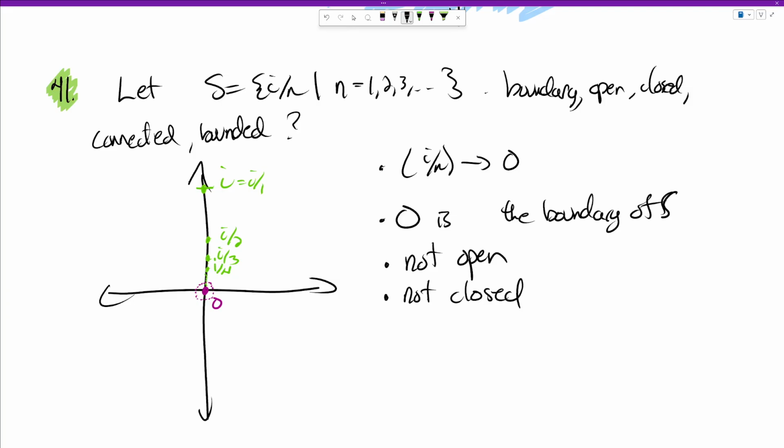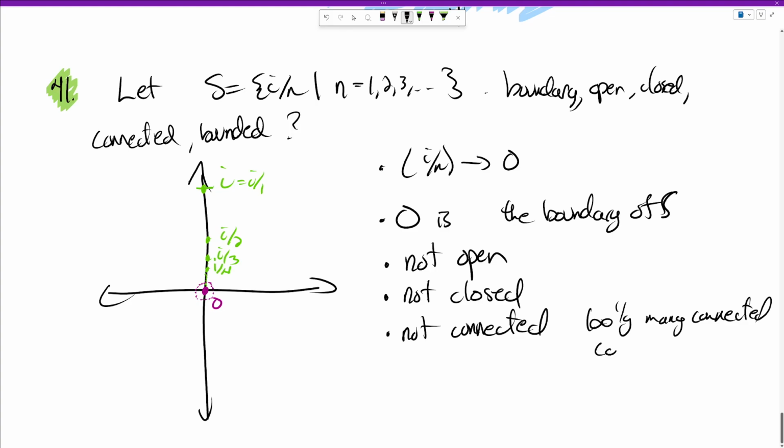At any rate, this is not closed because we're missing our boundary point. This is also not connected, because, well, look at the big gaps. In fact, this has infinitely many components, essentially one for each point.